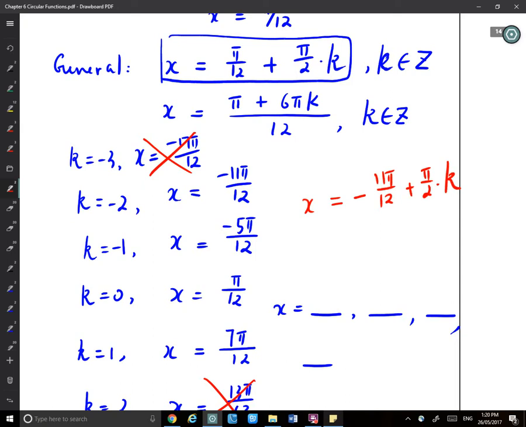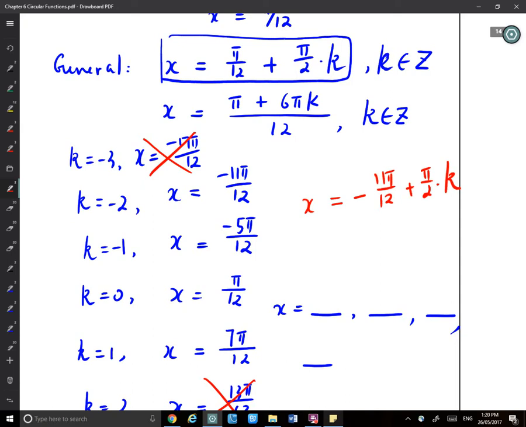So when you see multiple choice, when you work out one general solution by yourself, and then you see in the options there's none of that, no option is the same as your answer. Therefore, you need to see which one is equivalent. You try adding or subtracting the period to your base angle and see if it matches any angle there.